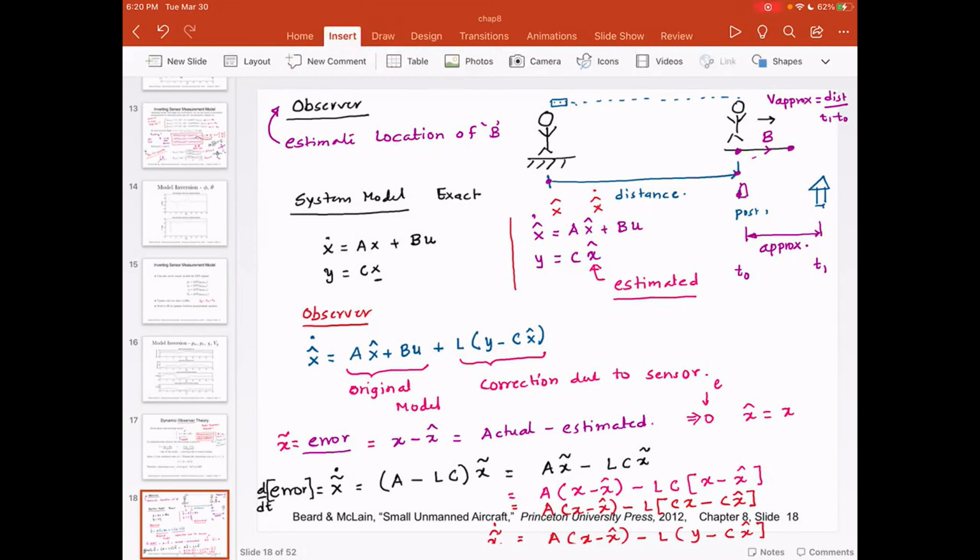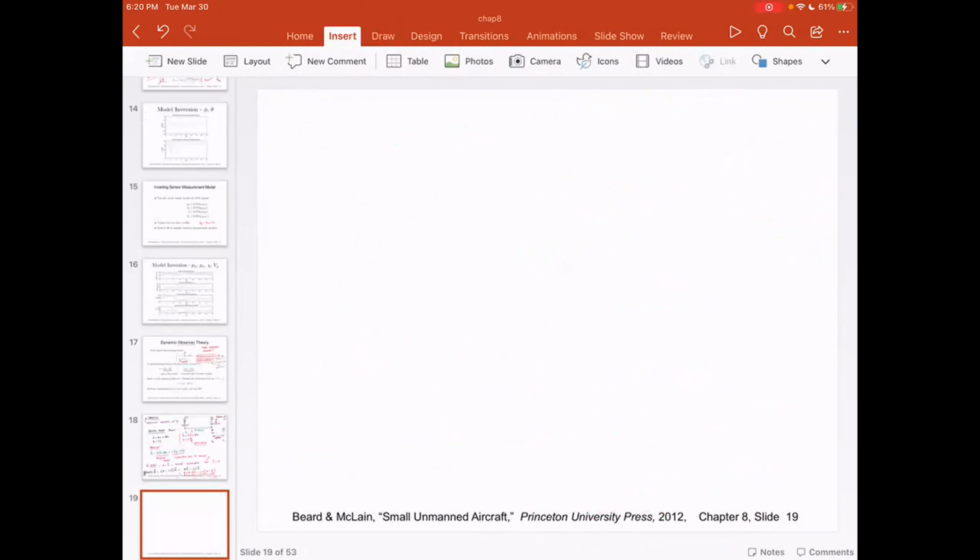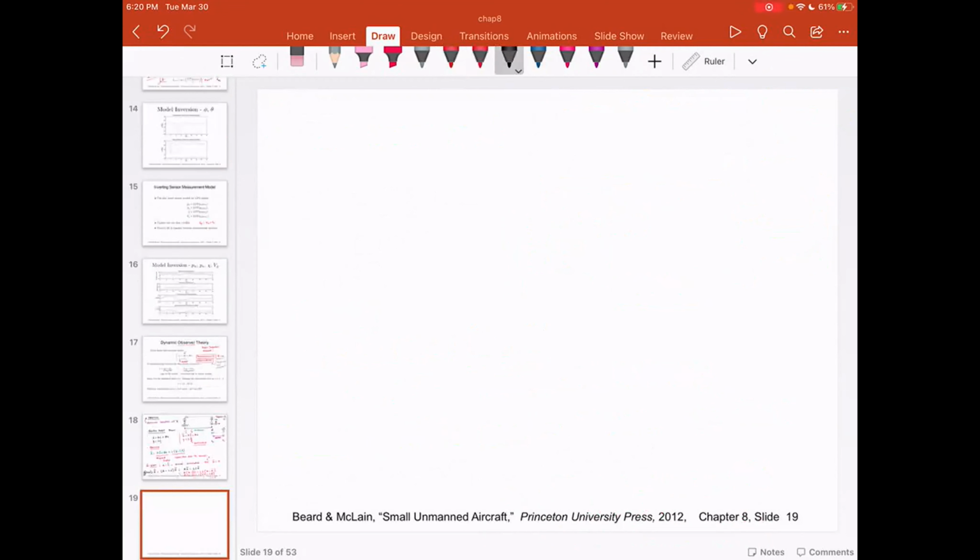So let me add a new slide and explain what this error thing means. So you have an error, rate of change of error d by dt is equal to A minus LC x tilde, or x error. I will call this x error.